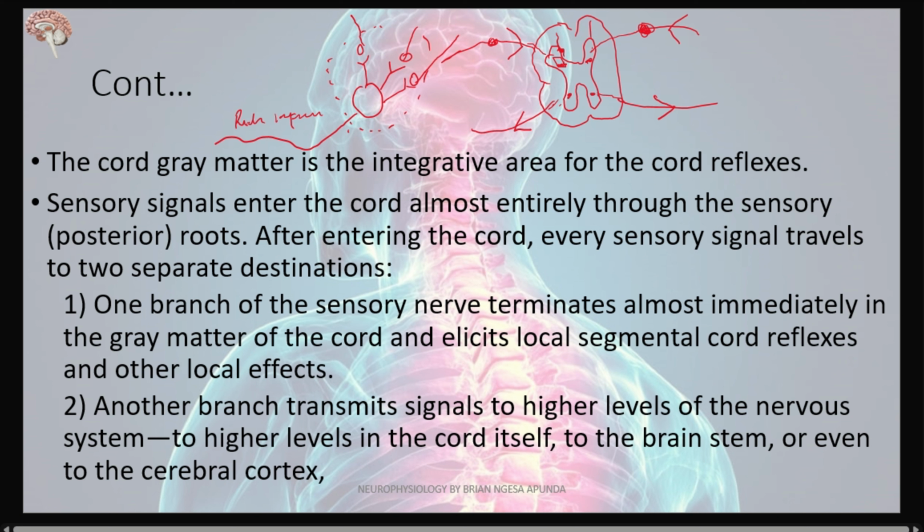So once we have our sensory information in the spinal cord, they can have two separate destinations. One branch of the sensory nerves terminates almost immediately on the gray matter of the spinal cord to elicit the local segmental cord reflexes.